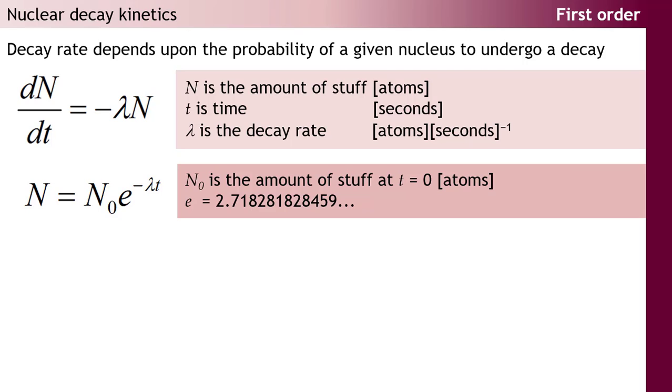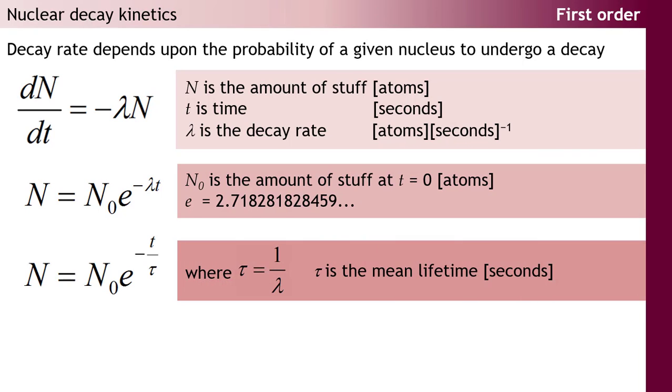Often in chemical kinetics of reactions we use the letter k to represent this quantity. The inverse of this decay rate, 1 over lambda, gives us a quantity with units of time, or perhaps more strictly, time per atom. It is given the Greek letter tau and actually represents the mean lifetime of our decaying species. So we often rewrite the exponential decay in terms of tau, the mean lifetime.